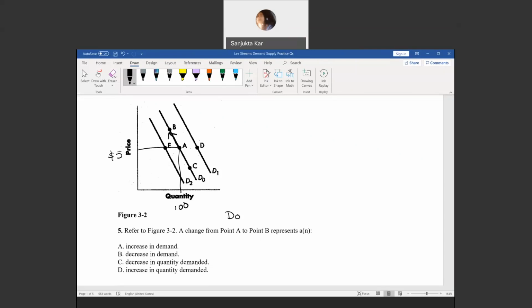At point B, say the price is $6 and the quantity is 80. So price increases, which means we are going to have a decrease in quantity demanded. I use the word quantity here because the cause, price, changed.